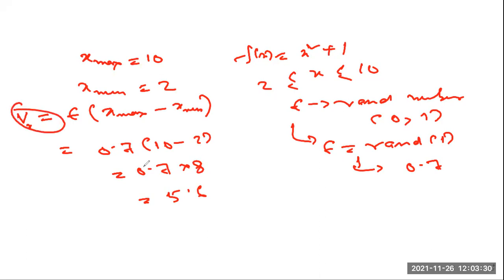This is the beauty of the calculation. There will not be any chance that the velocity will be too high or too low. It is clamped between the minimum and the maximum. So that is how to clamp this velocity. Is it clear? Yes, sir. Okay.